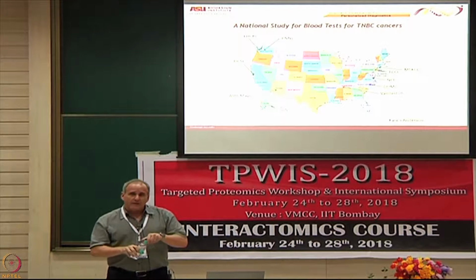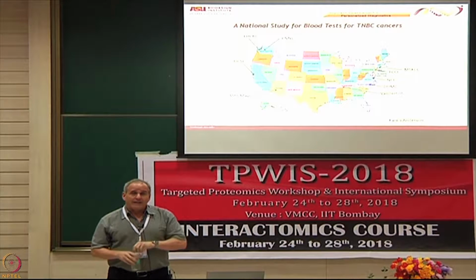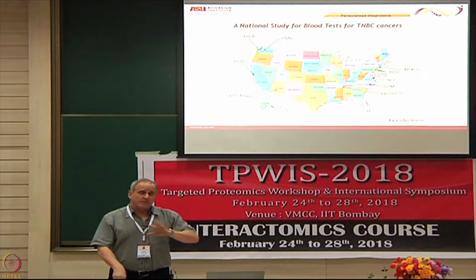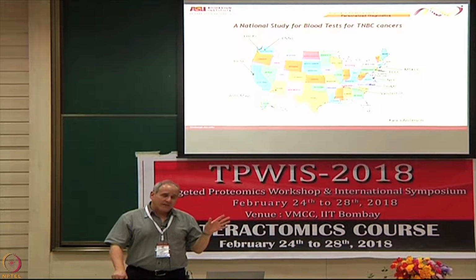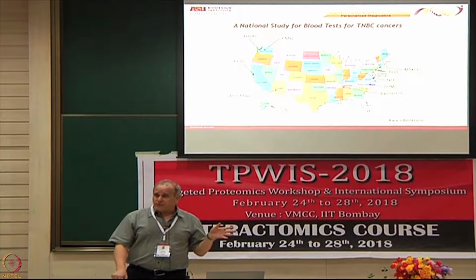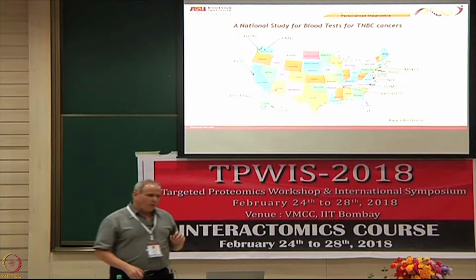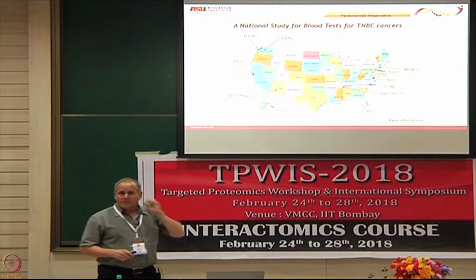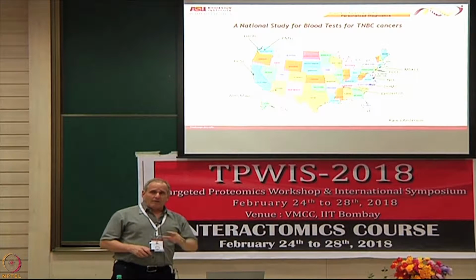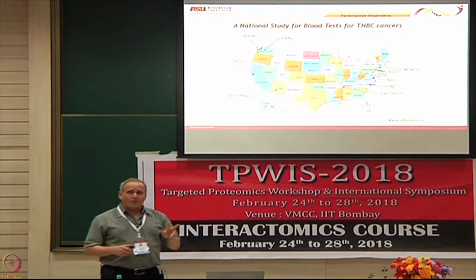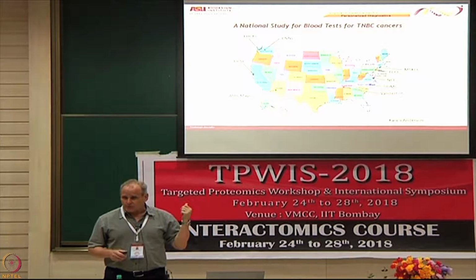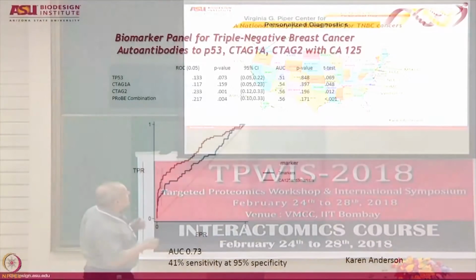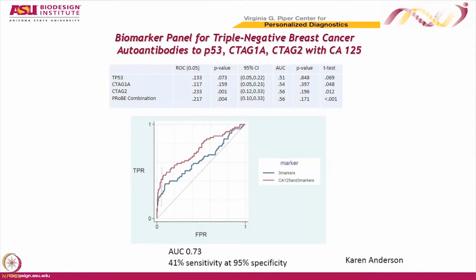It was a fully blinded study, so all of the participants were given samples that were unmarked and asked to test them and predict cancer for them. There were over 80 markers tested. And after all of that, and all the studies that were done, the only markers that held up were our markers, the antibody markers that I just showed you. And those markers, there they are. So p53, CTAG1A and B.